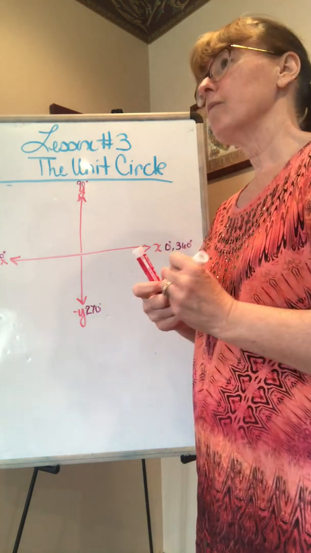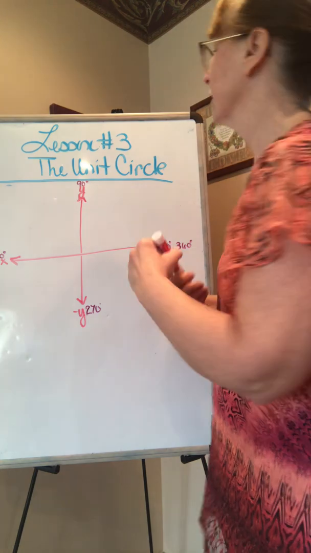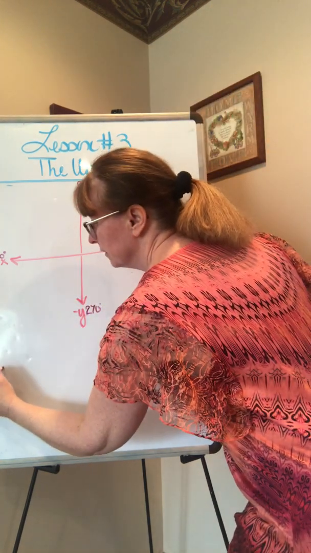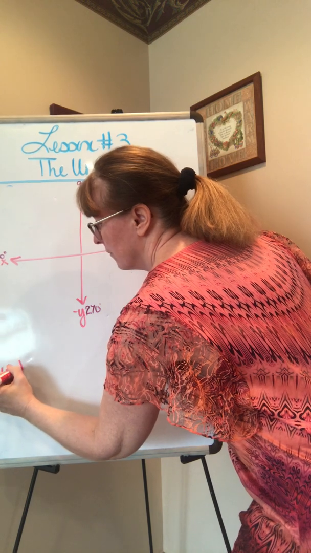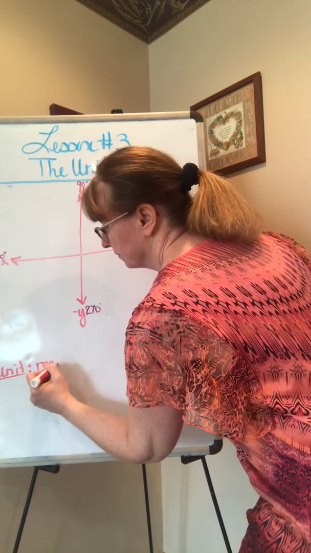Now, the unit circle, unit means the number 1. So let's write that down. Unit means 1.